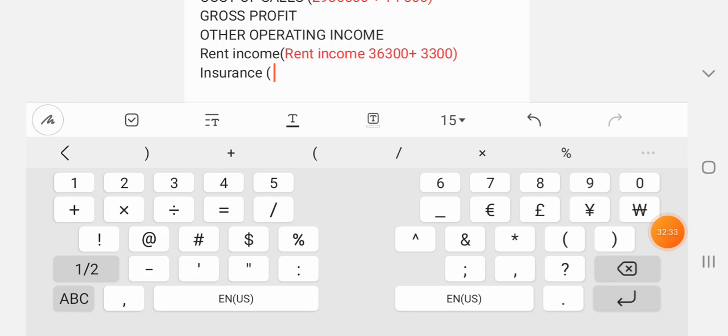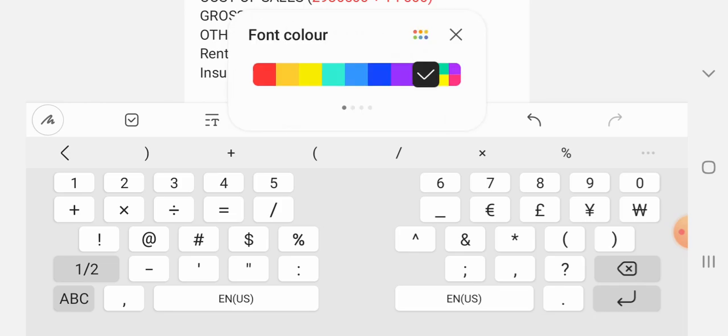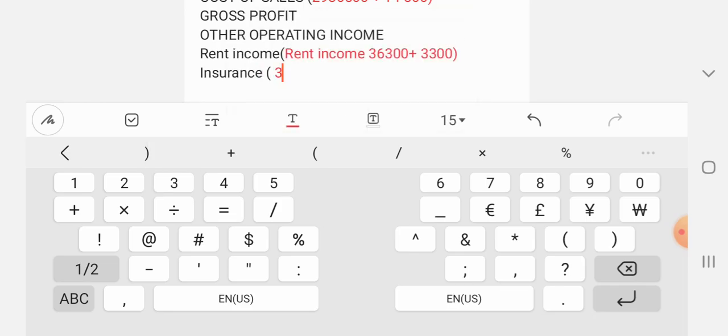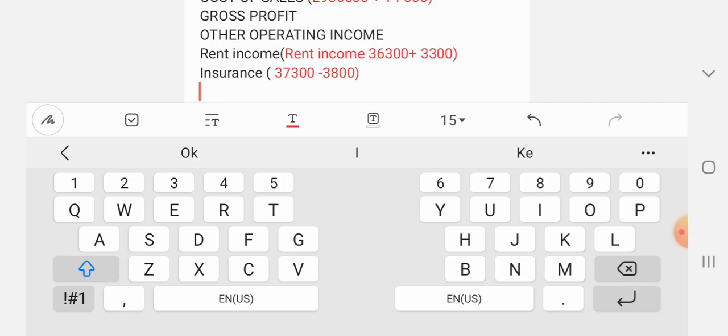So that's 37,300 rand minus 3,800 rand. So how did we get this?